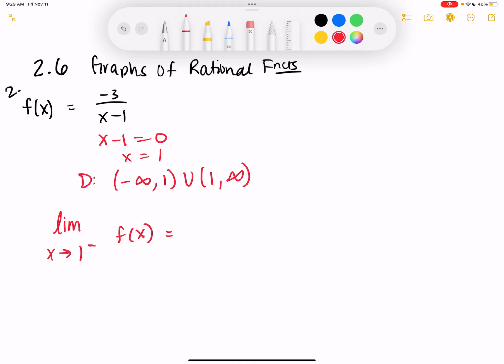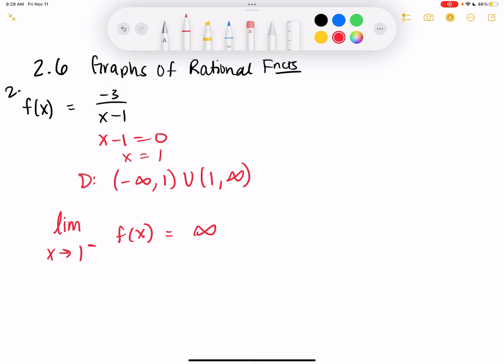So negative over negative is positive, so it's going to positive infinity. Because if you did, on your calculator, -3 divided by -0.00001 or whatever it was, it's going to give you a really, really big number. So for these ones, instead of plugging in infinities, you're plugging in a number. And then you're saying, is it going to positive infinity or negative infinity?